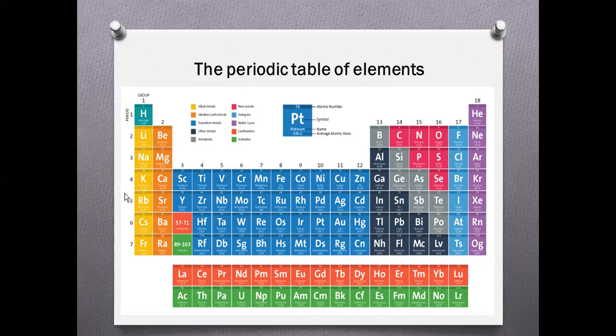You can see that this table is constructed according to the atomic number. This vertical axis is what we call groups. You can see 1, 2, 3, 4, 5, 6, 7 up to 8. And this horizontal line belongs to what? Period. You know that one, but you should be able to understand it.